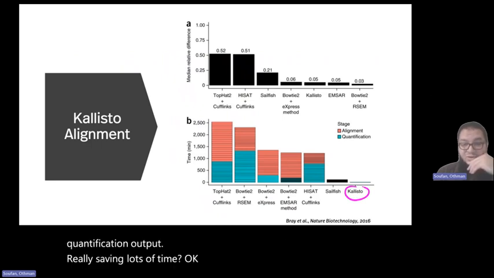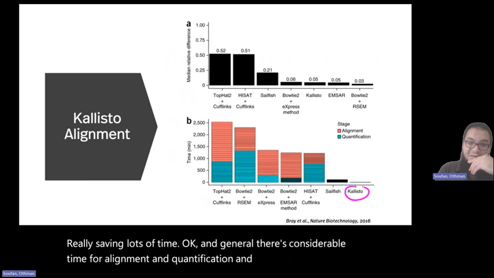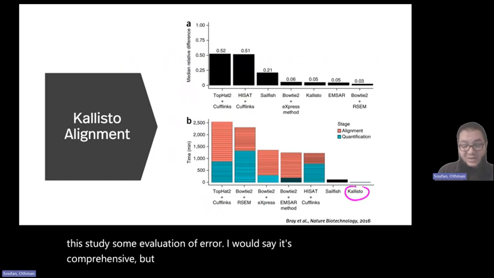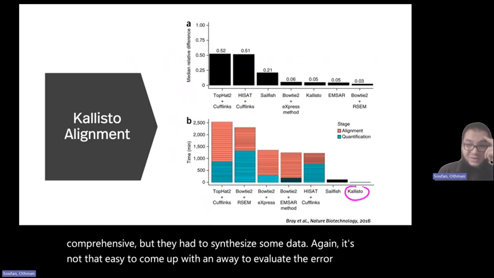Okay, and in general, see there's a considerable time for alignment and quantification. And also they have done in this study some evaluation of error. I would say it's comprehensive, but they had to synthesize some data. Again, it's not that easy to come up with a way to evaluate the error, especially in these types of studies.